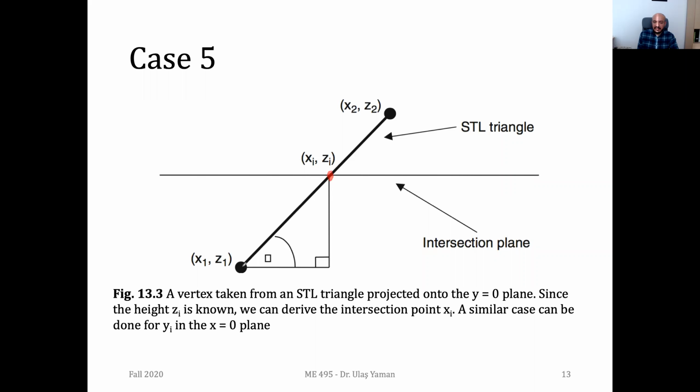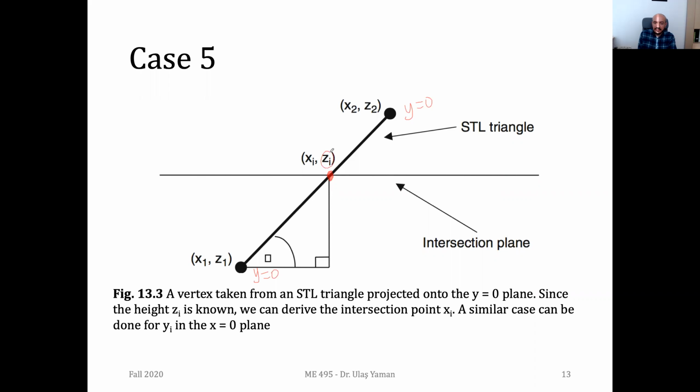We have the vertices of the triangle, and since this is the y equal to 0 plane, we have done a kind of projection. So they all have y value equal to 0. So we make it simpler, and we can use simple math equations to determine the intersecting point.